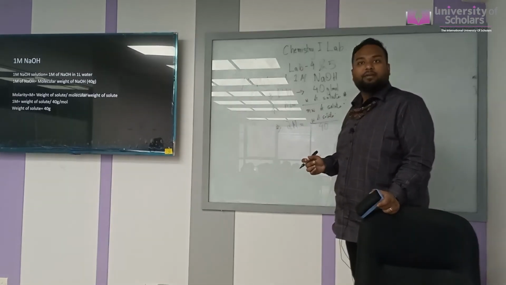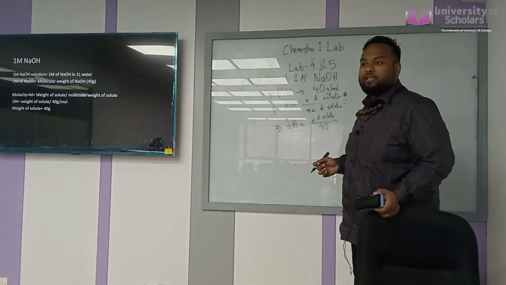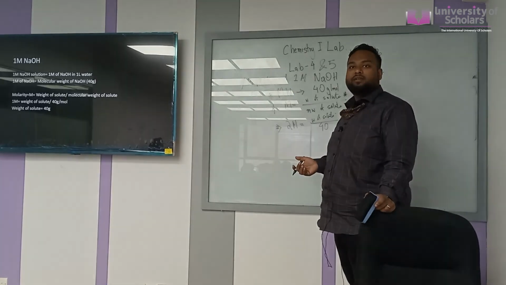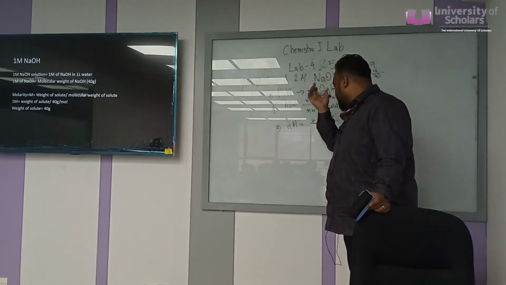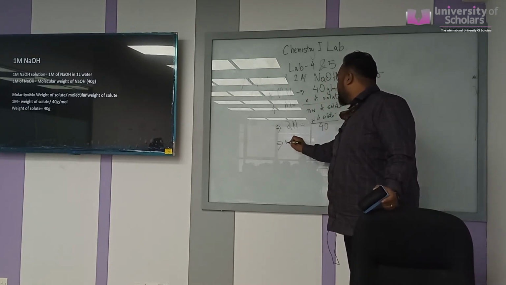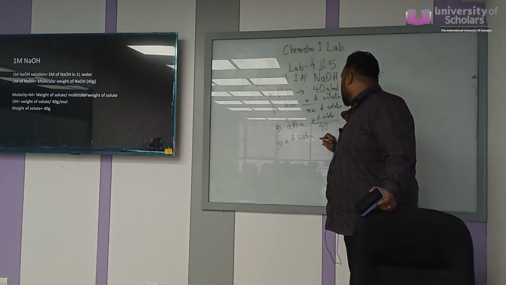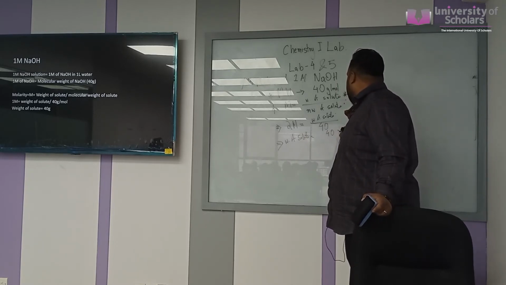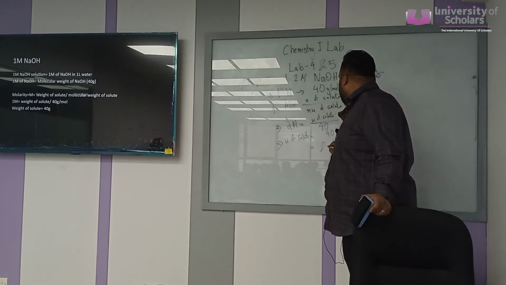ক্যালকুলেশনটা করতে হবে। শুধু সোডিয়াম হাইড্রোক্সাইড দিব তা না, অন্য কিছু দিয়ে দিতে পারি, and trust me there will be questions from this. আচ্ছা, তাহলে এখন আমার weight of solute is going to be 40 times 2 which is 80 grams.